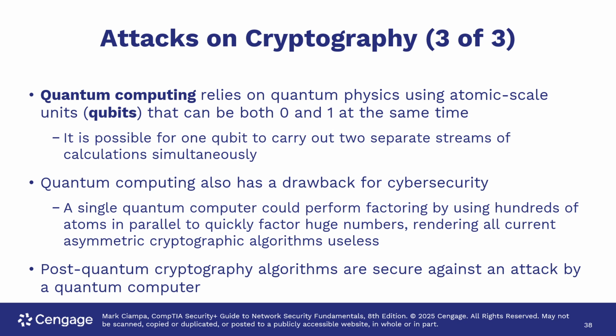A single quantum computer could perform factoring by using hundreds of atoms in parallel to quickly factor huge numbers, rendering all current asymmetric cryptographic algorithms useless. Post-quantum cryptography algorithms are secure against an attack by a quantum computer.